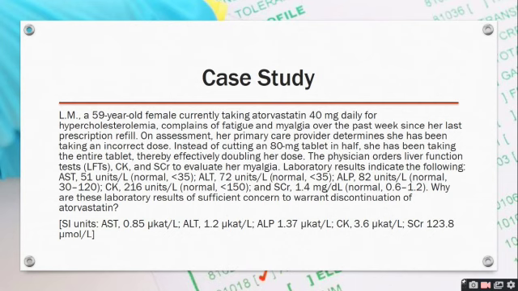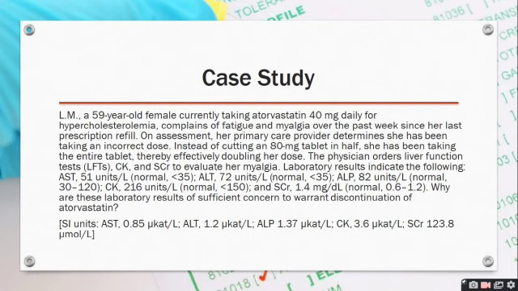So let's discuss this case. In this case, there is a 59-year-old female who is currently taking a drug known as atorvastatin, a statin, at a dose of 40 milligrams daily. The problem for which she is taking this drug is hypercholesterolemia. But she is complaining of fatigue and myalgia over the past week.